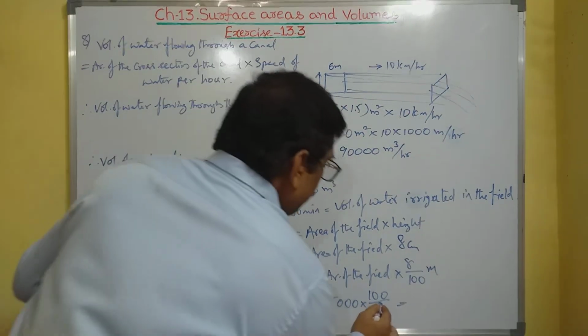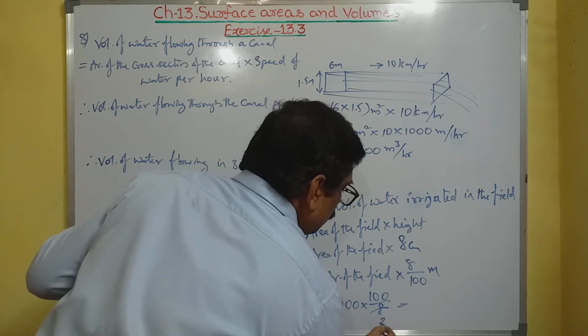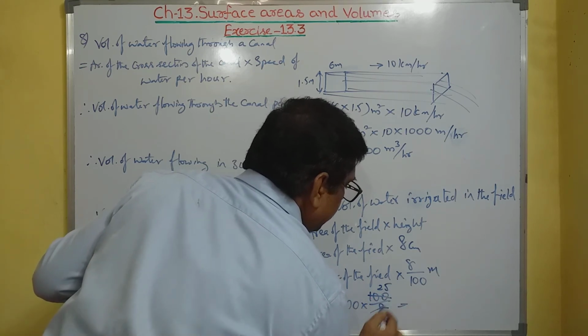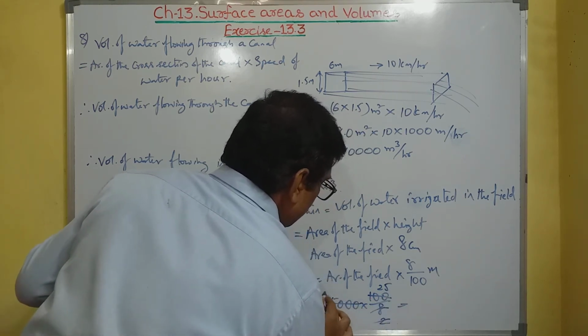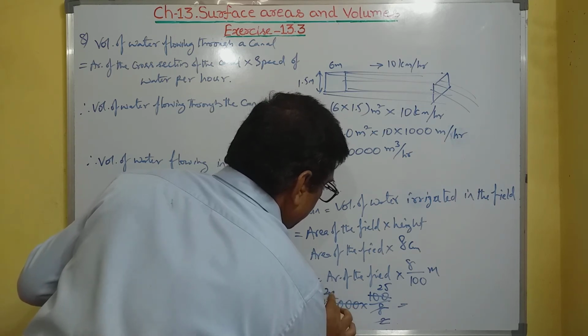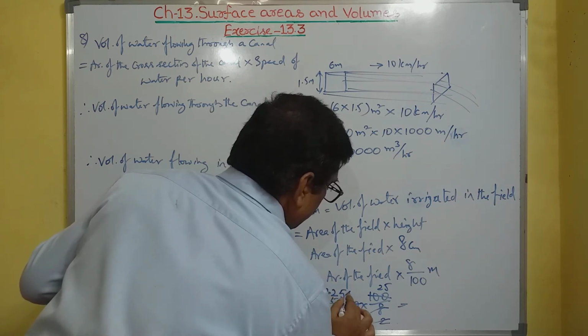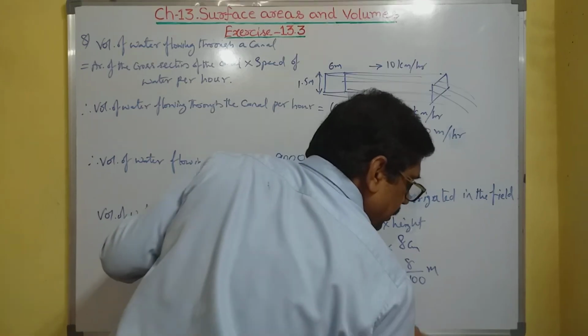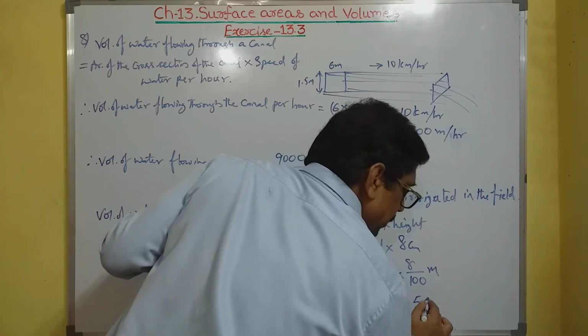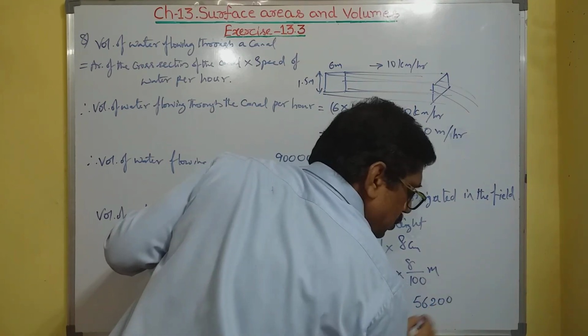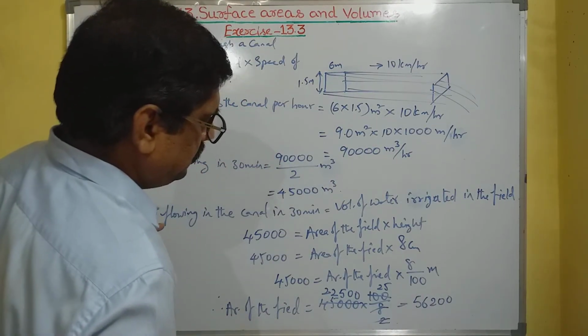Here by dividing, 4 2s are 8, 4 25s are 100, and so on.